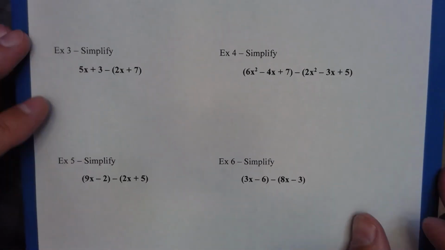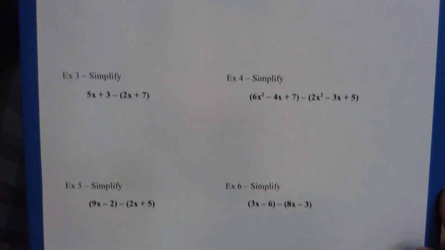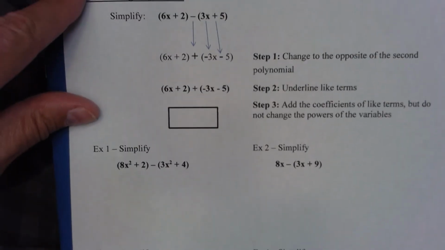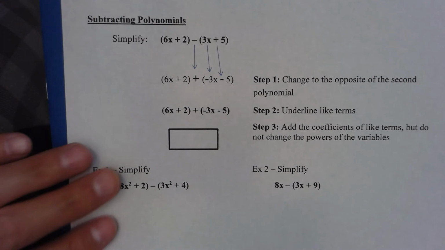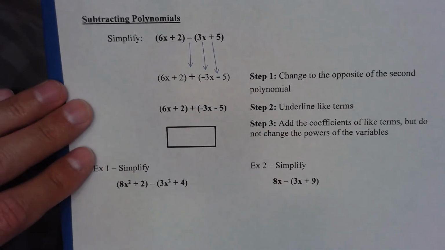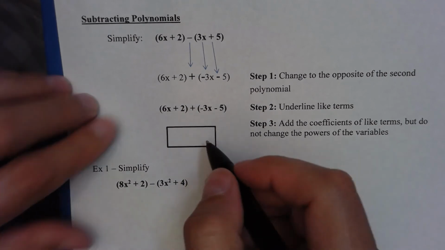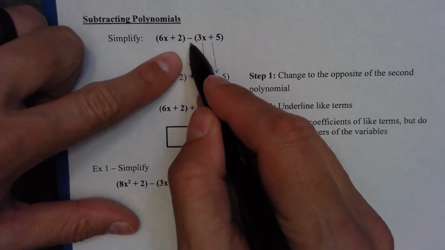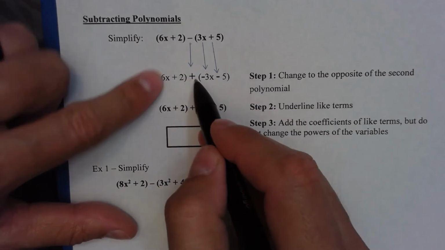Alright, let's go to the next notes where we have some examples down. We'll do just a couple of these, and these are just, again, simplifying. So let's look here. We're simplifying, taking step 1 here, and I'm going to put my numbers together, but what do I notice here? I got a negative outside, so I'm changing everything.